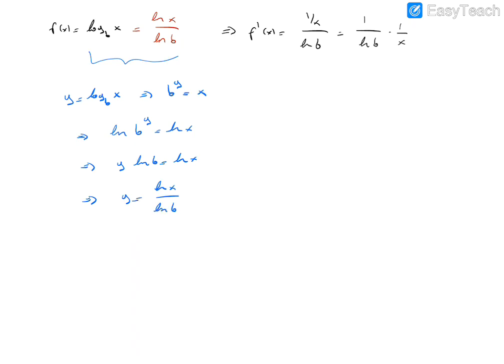At the beginning, what is y? y is logarithm base b of x. So if you replace y with that, you will obtain the following result: logarithm base b of x equals ln x over ln b. In the lecture times, problem solving time, I gave you that formula directly. So here we proved this fact.